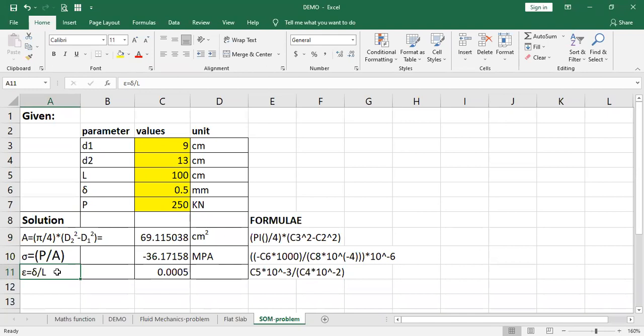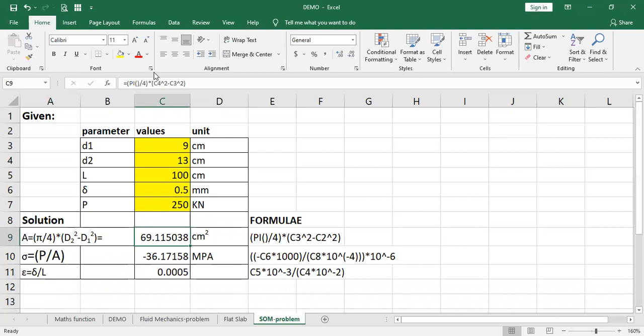And the formulas are written for the sake of understanding, so that even if you or some other person checks it after some time, they should understand what the different formulas are and how you have kept them.